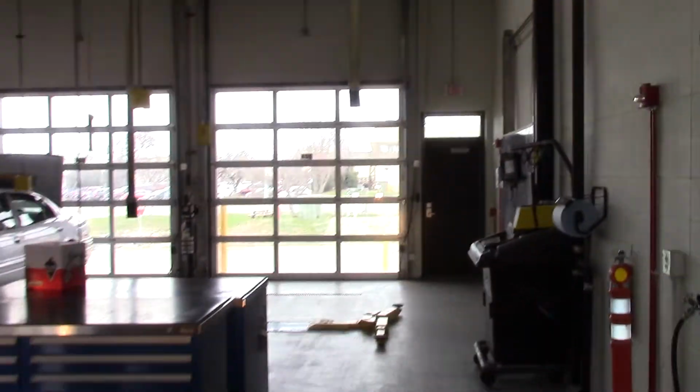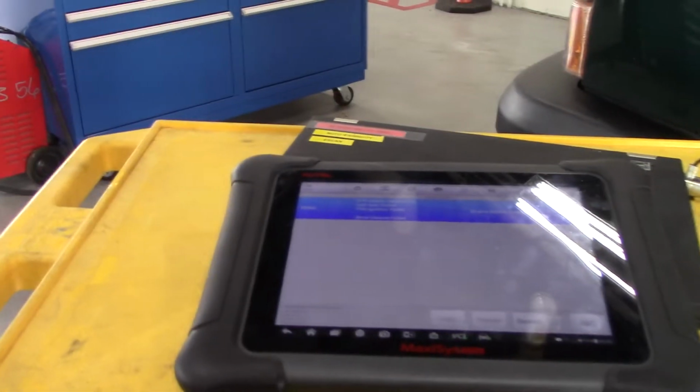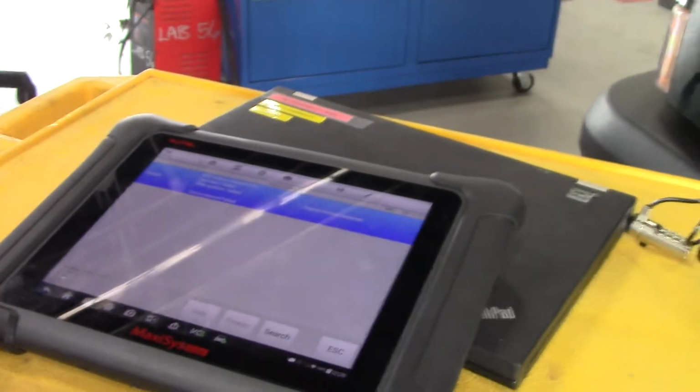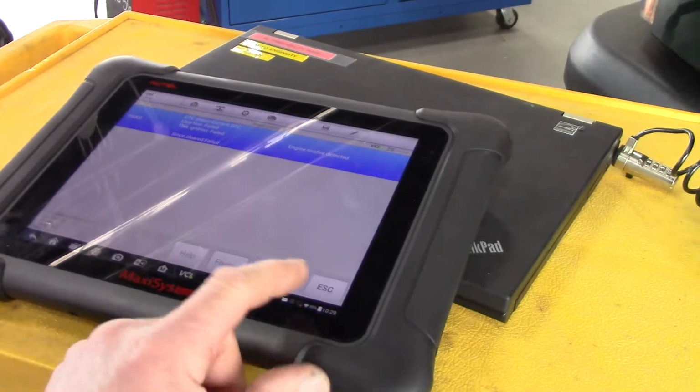Okay, so let's take a look then at our misfires live on the scan tool. Unfortunately, General Motors, since 1996, has been kind enough to allow us to see those, unlike some manufacturers that don't. You know, some do, some don't, but we can on this one.